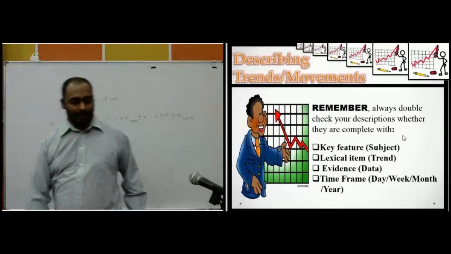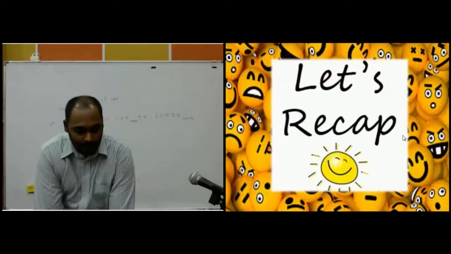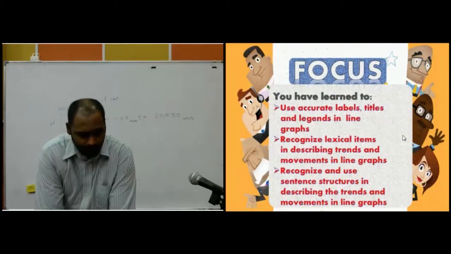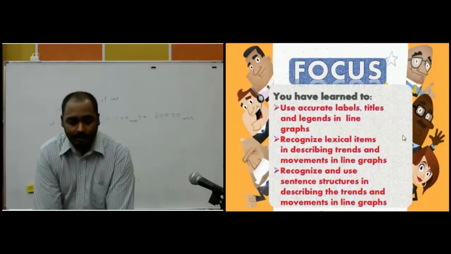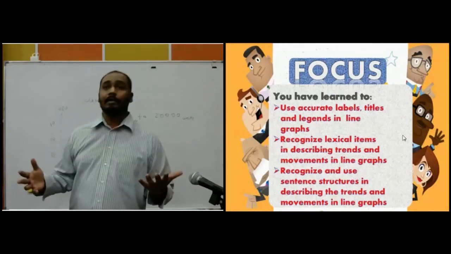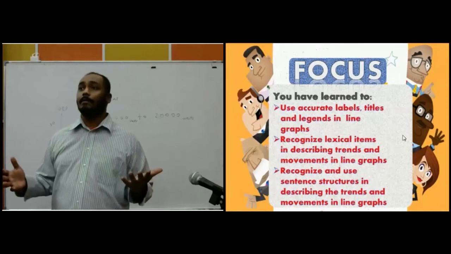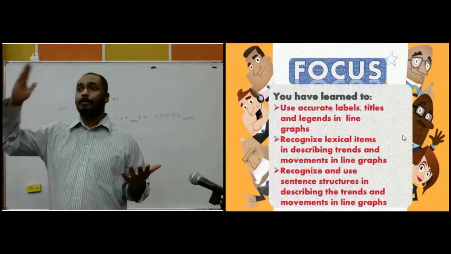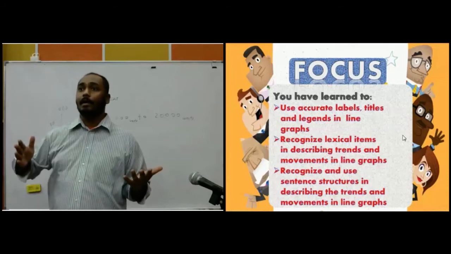We have learned about accurate labels, titles, legends in line graphs, and recognizing lexical items in describing trends. Can you tell me what are the changes we have on a line graph? If it's going up, what do you call it?